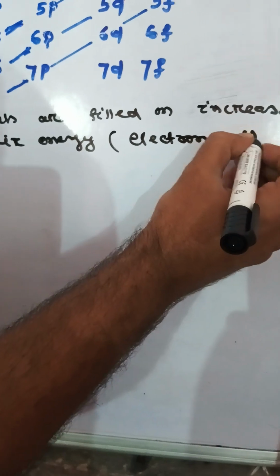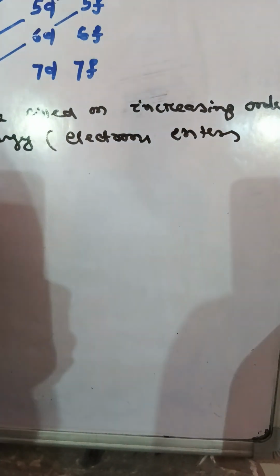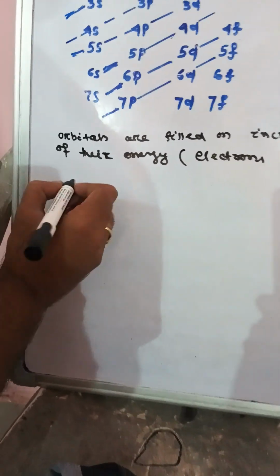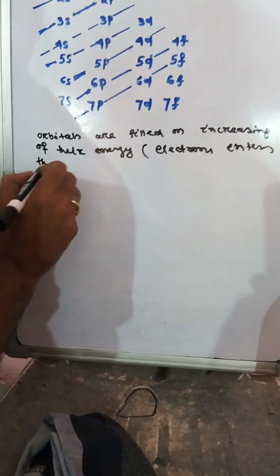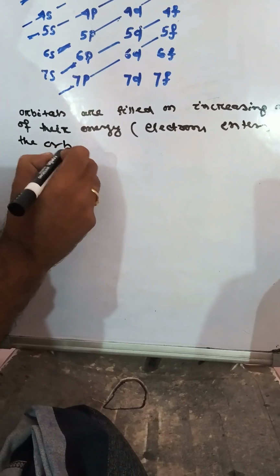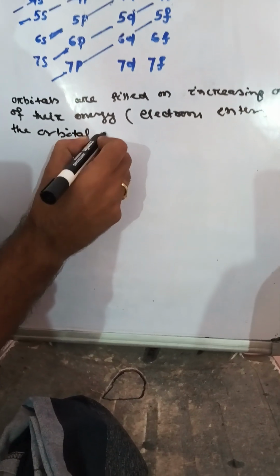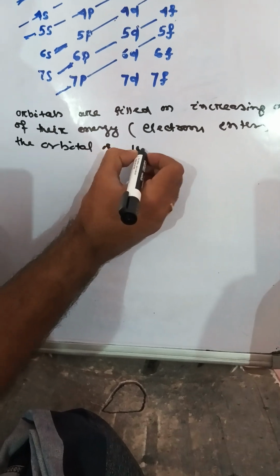Electrons enter the orbital of lowest energy first.